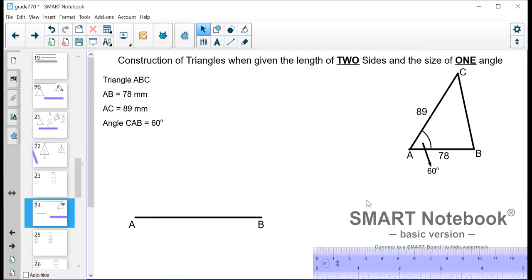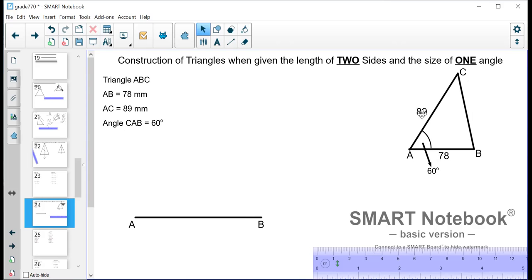Good. Now, again, you might be wondering, what do I look for next? Should I find the side AC, which is 89? Should I find the side BC, which we don't know the length of at this point in time? Or should I look for this angle, which is 60 degrees? Now you can take two approaches.